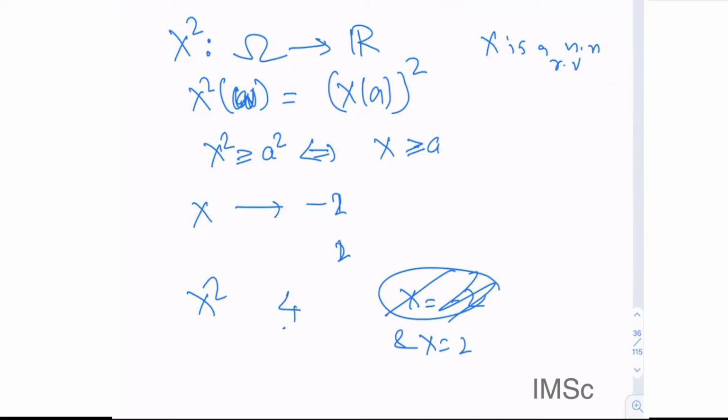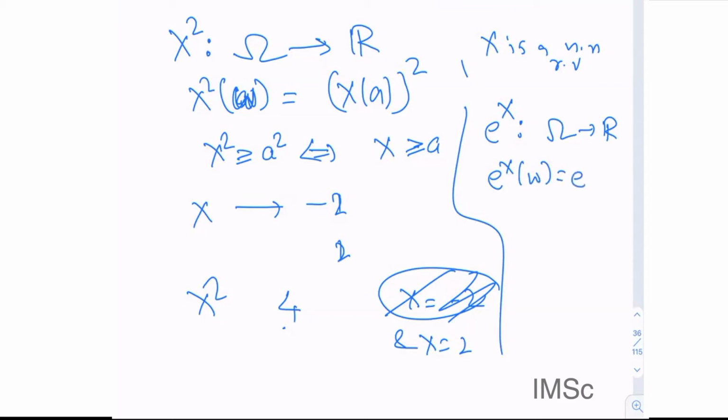Because of this, we have a clear-cut mapping between the event of one random variable and the event of the other random variable. This is why we are going to use non-negative random variables. So for example, if I take a random variable e^x from omega to r, e^x of w is nothing but e of x of w.